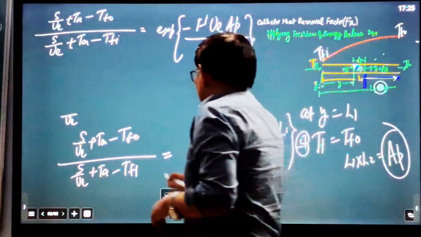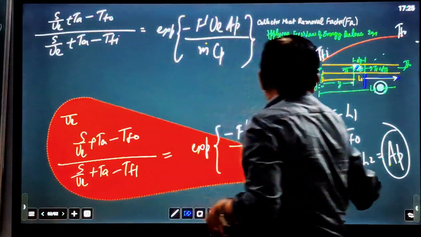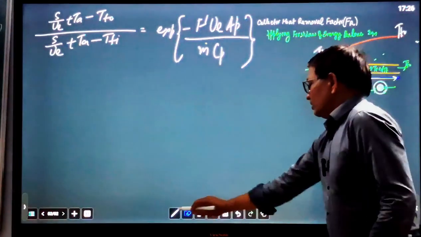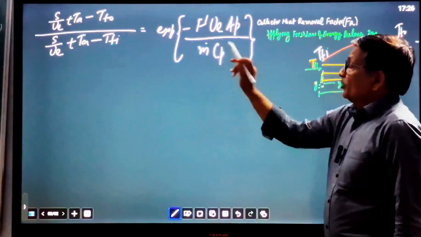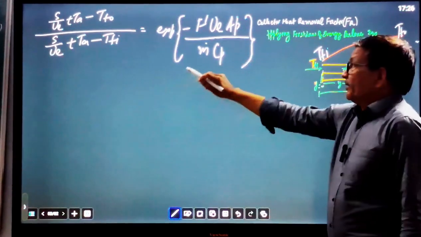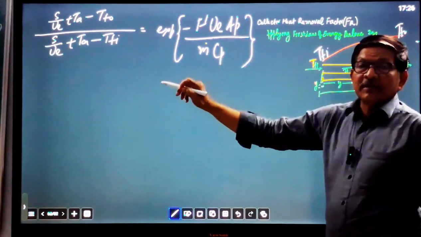Now, to get the required equation, subtract both sides of the equation from 1.